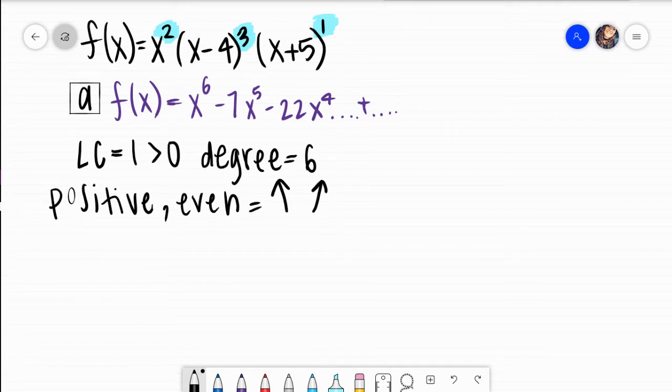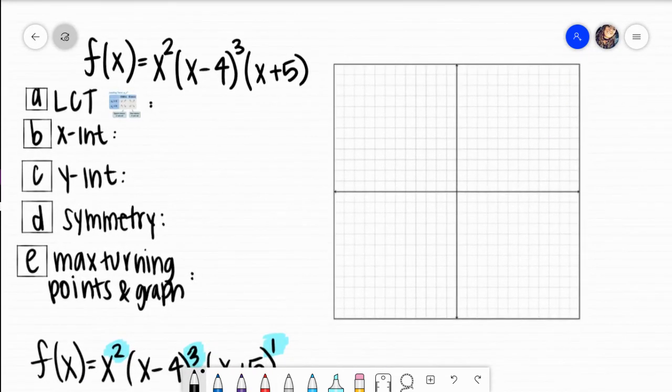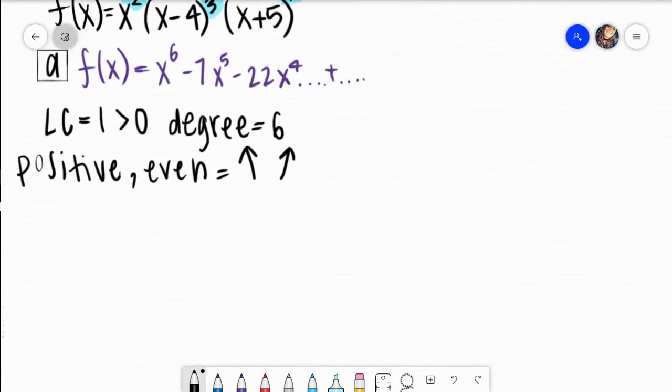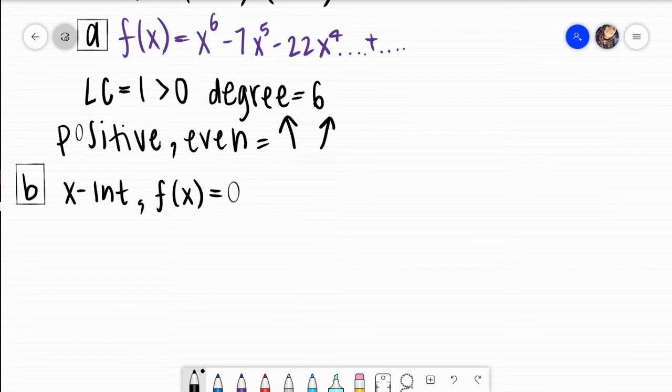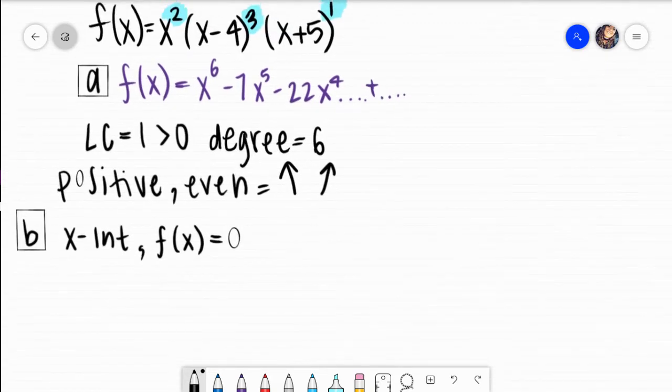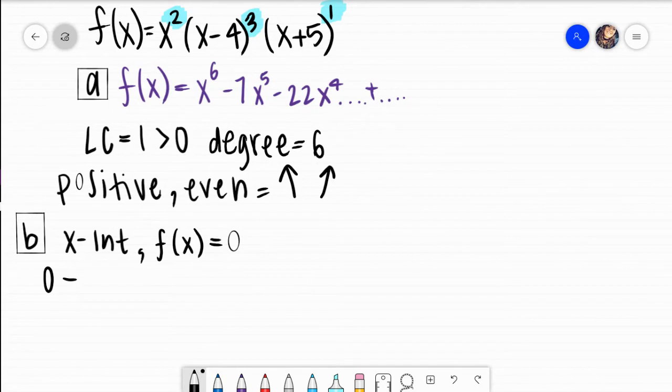Okay, so what I could write here is on my A, I could write rise to the right, rise to the left. Now let's do B, which is finding my x-intercepts. The way you do that is for my x-intercepts, you set f of x equal to 0. And so instead of writing f of x, our f of x is 0.